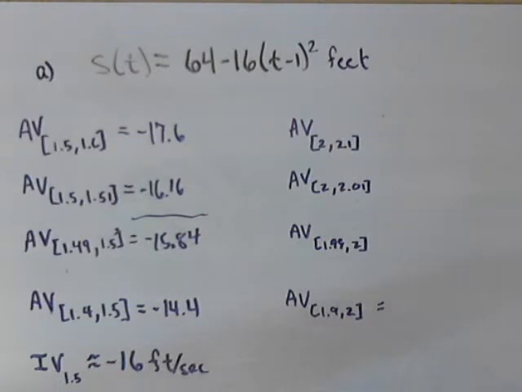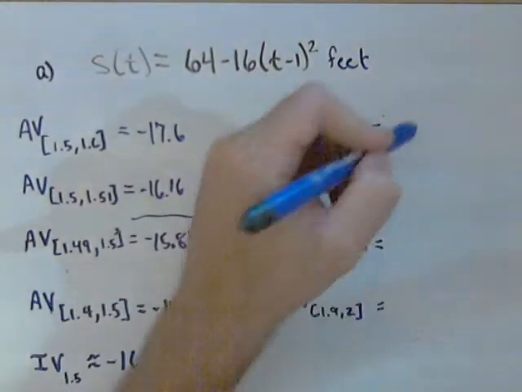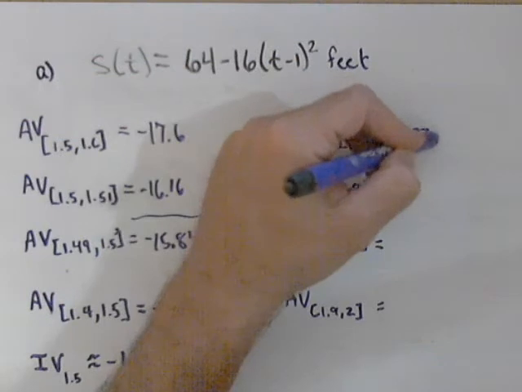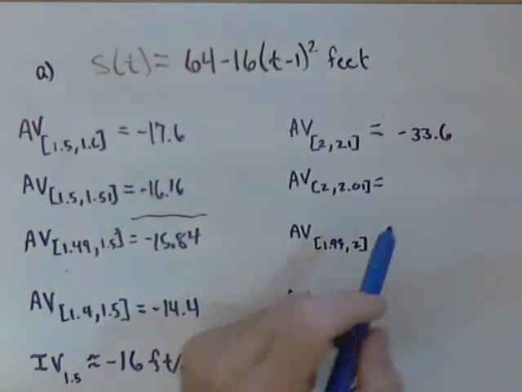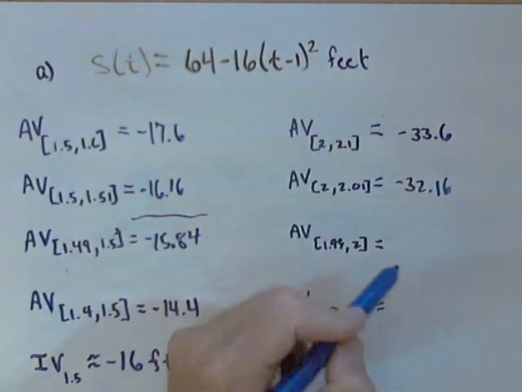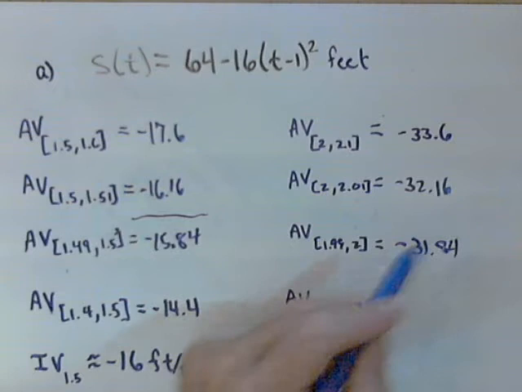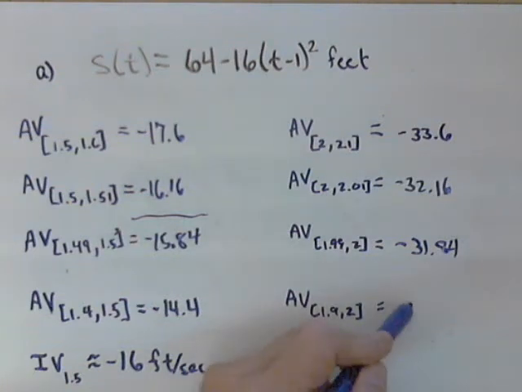Similarly, we could find all these values for the average value, getting closer and closer to doing it exactly at 2. So I went ahead and did these, and we get negative 33.6, negative 32.16. You probably already see where this is going. Negative 31.84, and finally negative 30.4.